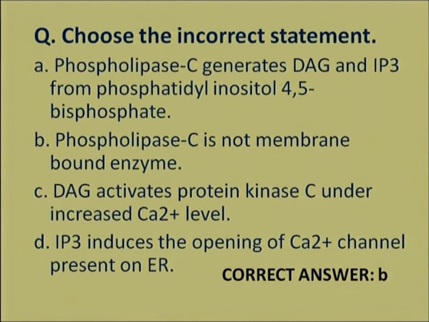It is incorrect. DAG activates protein kinase C under increased calcium ion levels. It is also correct. IP3 induces the opening of calcium ion channels present on the endoplasmic reticulum, that we will see in the coming section. It is also correct. So here the incorrect statement, or the correct answer, is B.